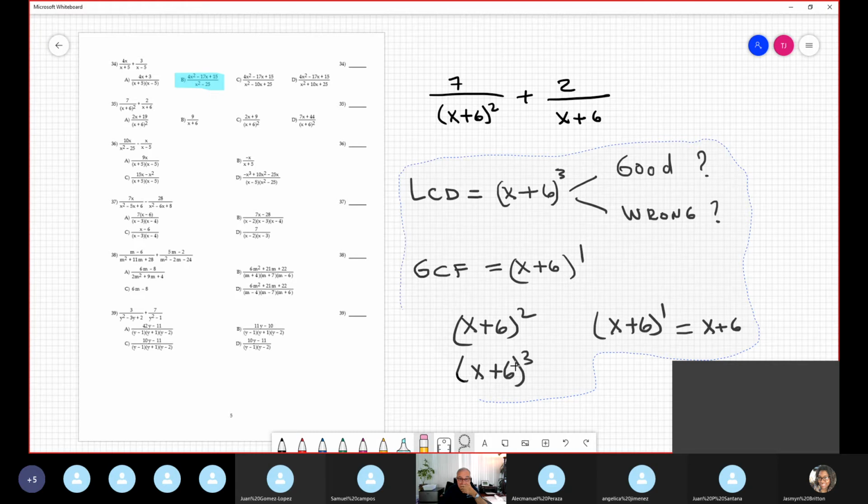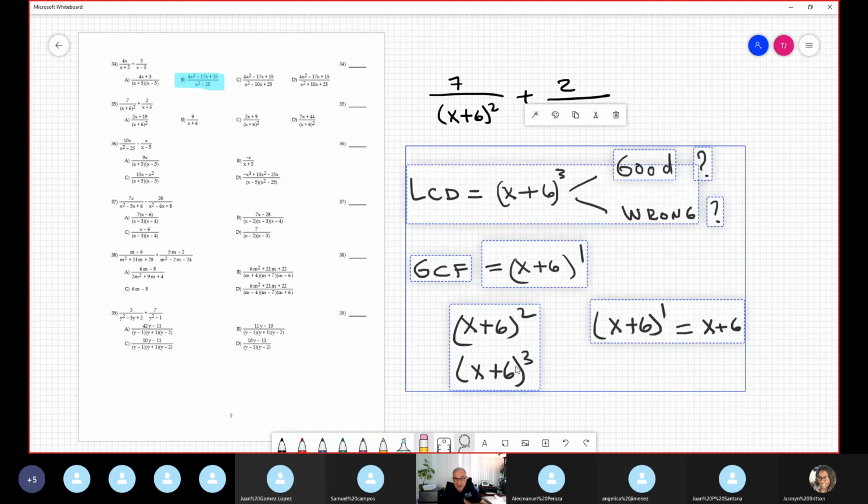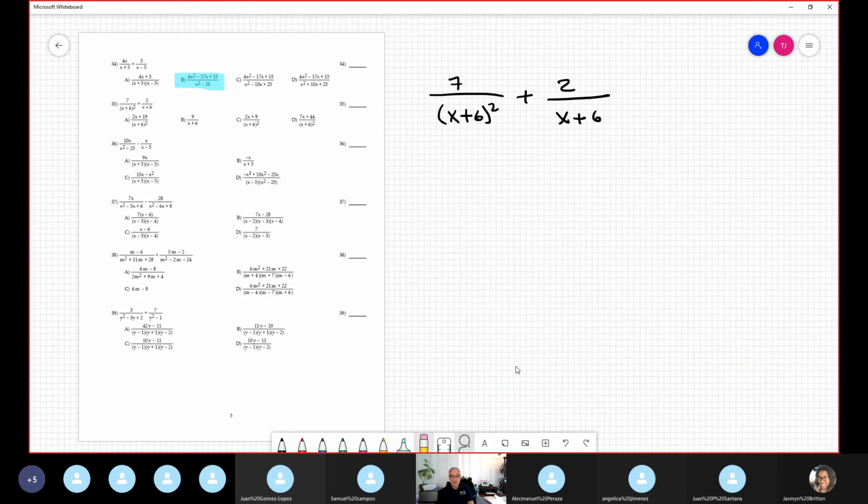Okay, so for the LCD, I want to repeat the idea again. When there is repetition, in this case intentionally, you take the majority of them. Well, professor, what's the reason that you don't take everything? Well, because it's the least common denominator.